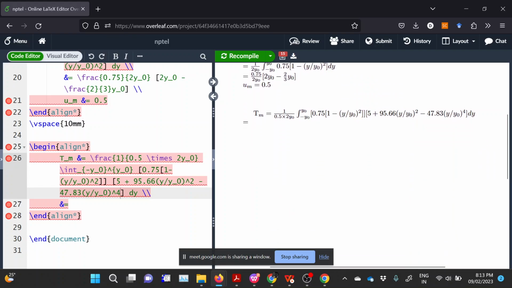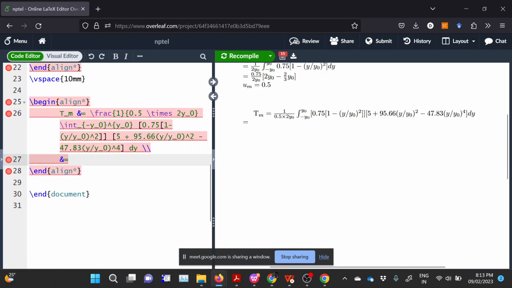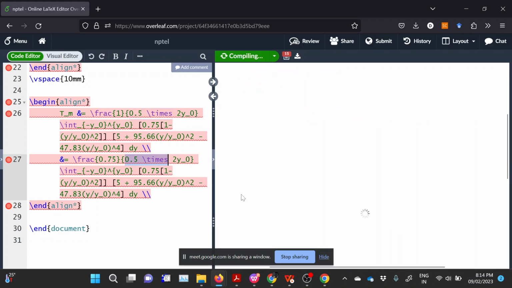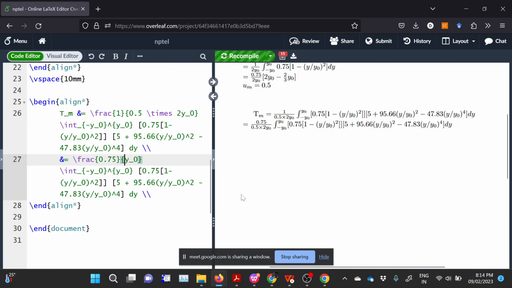Now we have to simplify this big ugly equation, and the way to do that would be to take this 0.75 outside, and there is 0.5 into 2 becoming 1, so this will be a fraction. Copy this fraction outside. Let's copy the entire thing. Yeah, so the fraction would be 0.75. We can get rid of 0.5 times 2 because it's 1, and the integration would be the same.